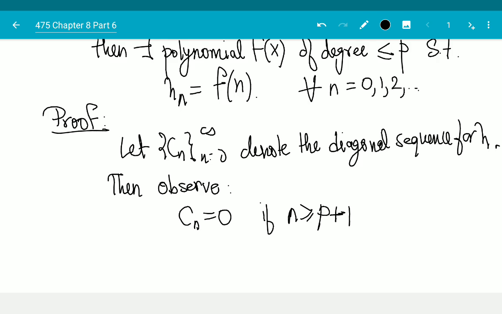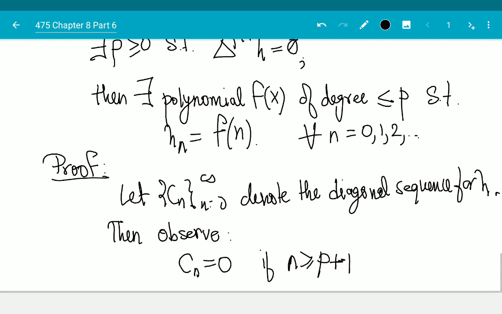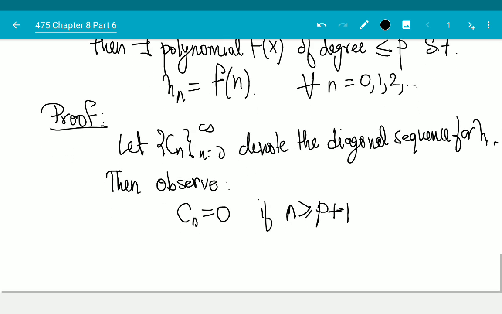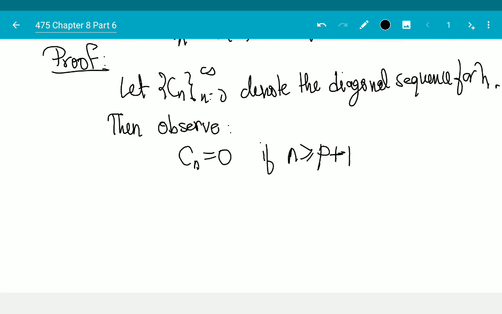Because what is going to happen? My delta to the p plus 1 kills it, right? So the delta to the p plus 1 row should be identically 0. If delta to the p plus 1 row is identically 0, then everything below it, including the diagonal sequence, is going to be consistently 0, right?